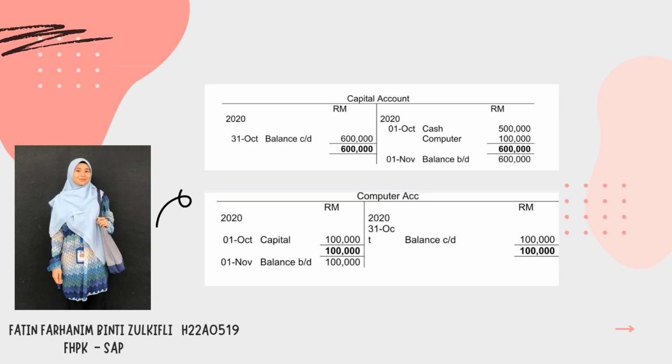Next, we record the capital account in the computer account as debit because we must do the opposite from the capital account. After that, we list down the higher amount at credit and then close it using CD, which means carried down, at 31st October. And then use BD, which means brought down, to start the account for 1st November and to show the balance brought down from the previous month.